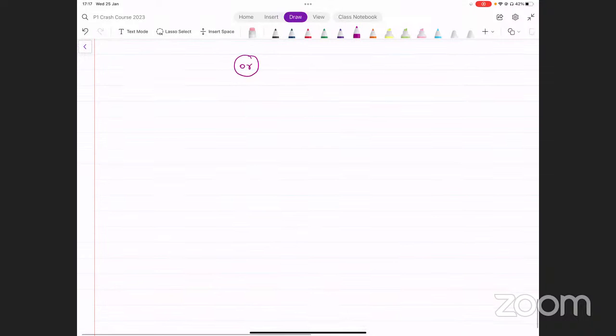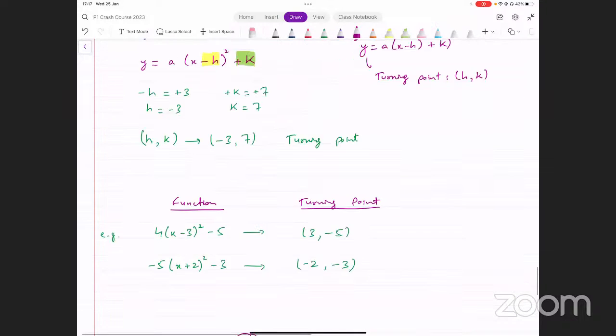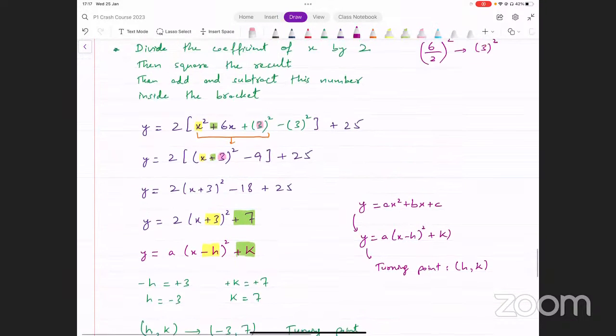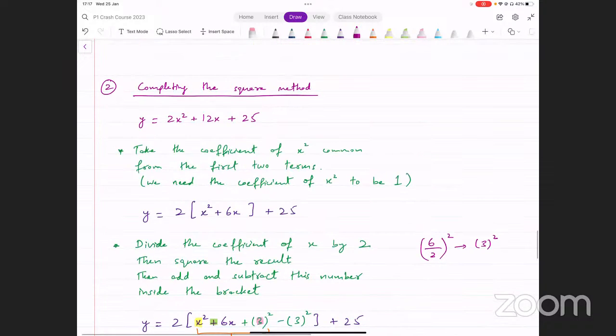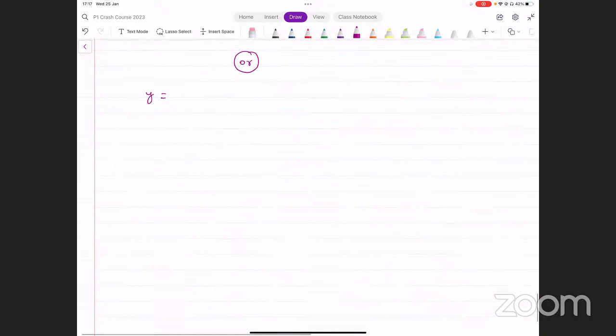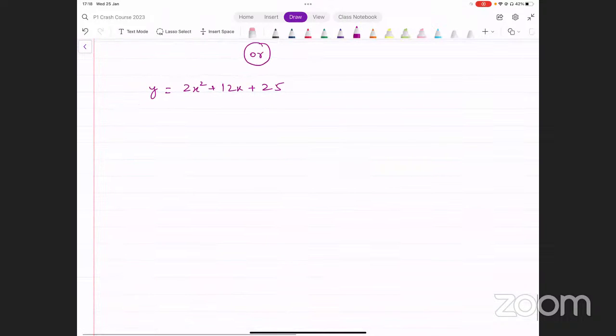Let's see how it works. So we've got y equals 2x squared plus 12x plus 25. Let's use that same example: 2x squared plus 12x plus 25. This is what the function was.